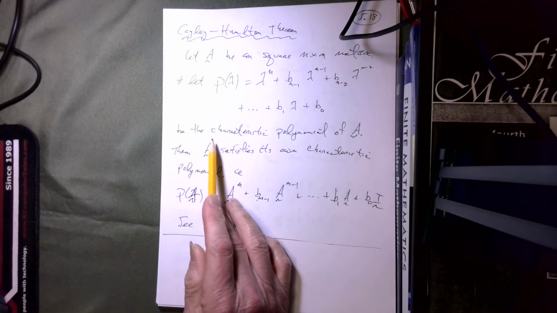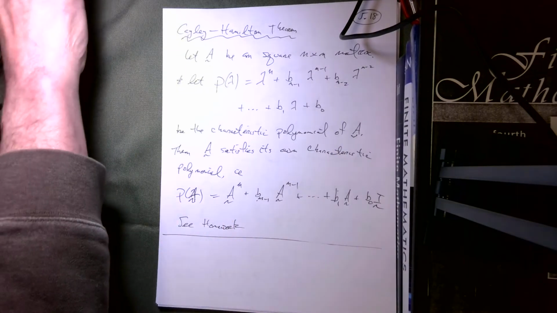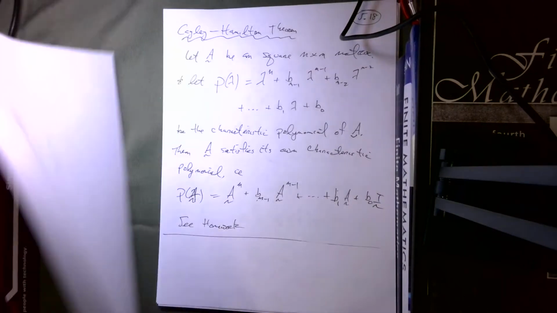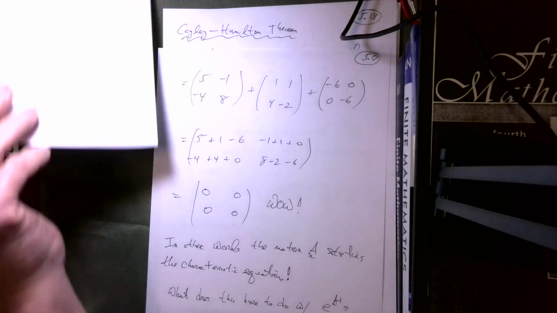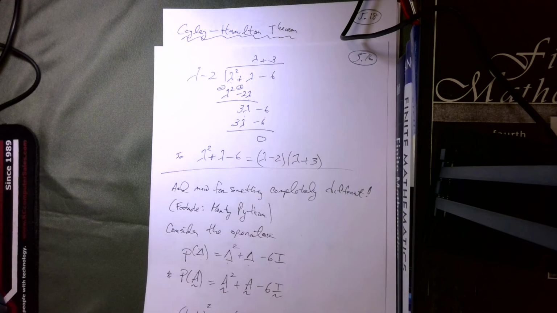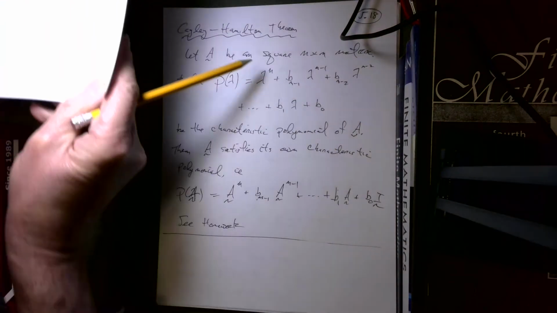Notice that the characteristic polynomial stopped at powers of 2. That's going to be of major importance.